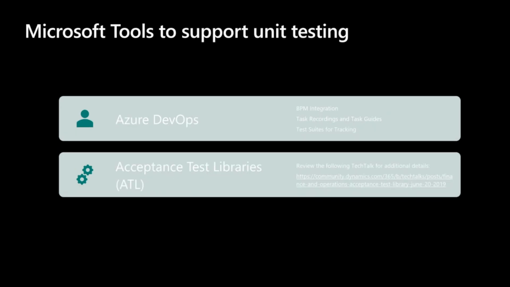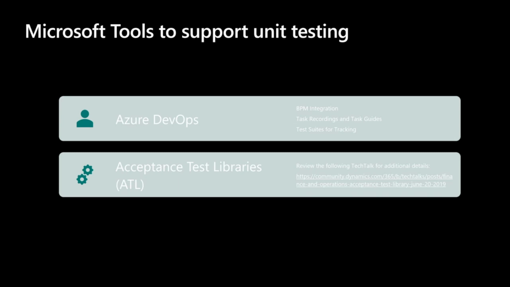In order to help facilitate this unit testing within the application, there are a few different tools we make available from Microsoft. First is Azure DevOps. If you're familiar with Dynamics 365 implementations, that's going to link to an LCS site, or a Lifecycle Services site, behind the scenes.